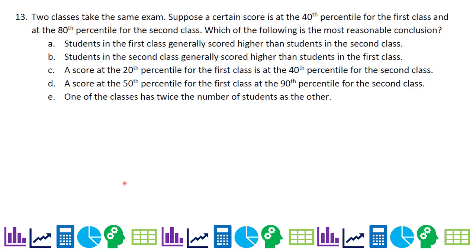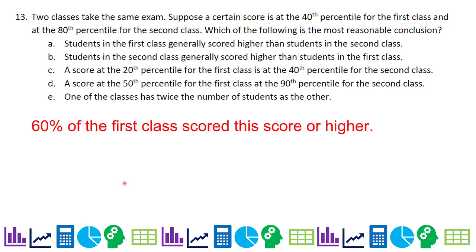13. Two classes take the same exam. Suppose a certain score is at the 40th percentile for the first class and at the 80th percentile for the second. Which of the following is the most reasonable conclusion? So we're like, how do they compare? Well, if that score's at the 40th percentile, that means the bottom 40% scored at or below that amount, which means 60% of the first class scored at or higher than that amount.